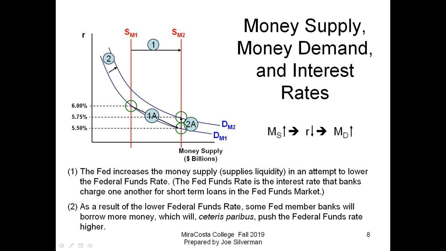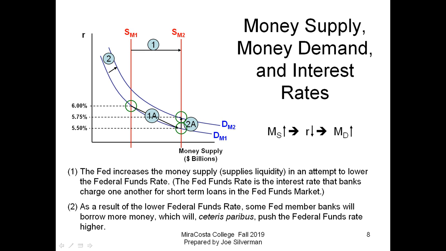So try to imagine that maybe we start off over here with a target interest rate in the Fed funds market of 6%. Imagine that the Fed thinks that 6% is too high, so they want a lower interest rate. What they might do is increase the supply of money, and now we slide from 6% down to 5.5% over here. And then try to imagine at the lower interest rate of 5.5%, the demand for money might increase.